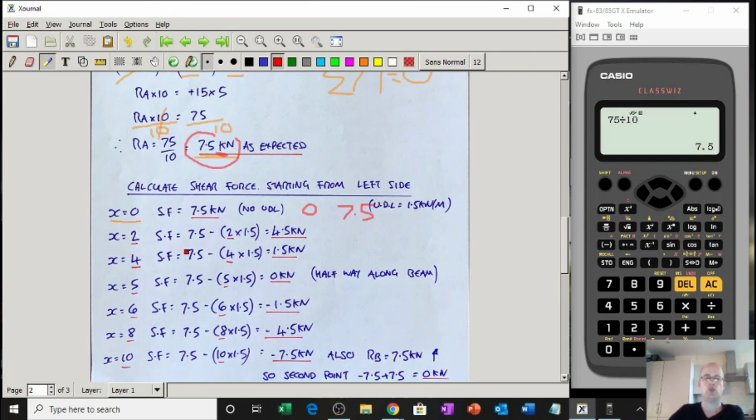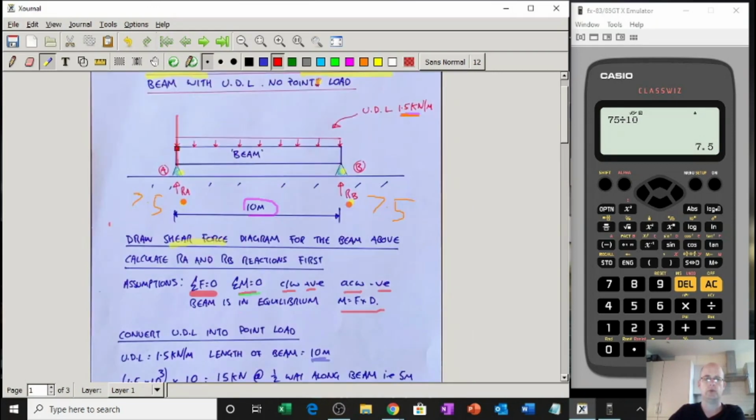So x equals 2. So I'm looking now, what can I see at x equals 2? Well, x equals 2 is about, well, there's 5, look, so it's here somewhere. At x equals 2, forget all of this, ignore this. What can we see here?